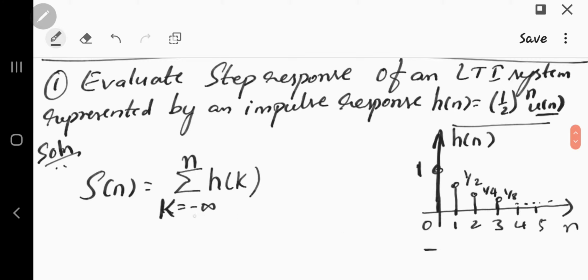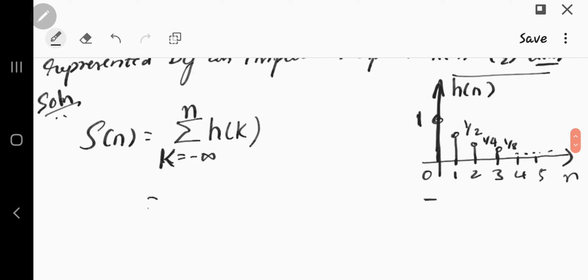So that means we have to consider both the conditions. That means values of n which are less than 0 and values of n which are greater than 0. So let's see what happens now. Now substitute this, k is equal to minus infinity to n. What is the upper limit? I think it is n.